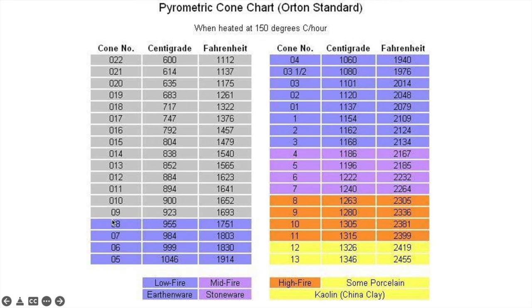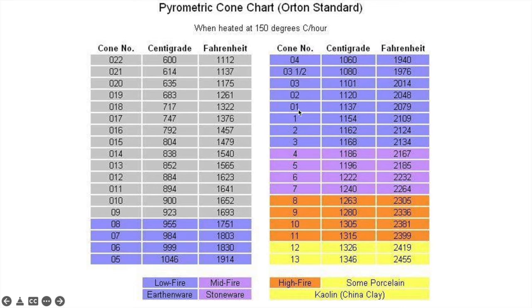So the numbers count down until they get to 01, and then they start counting back up again. So they count down, 01, and then cone 1, and they start going back up. I think of that sort of like BC and AD.